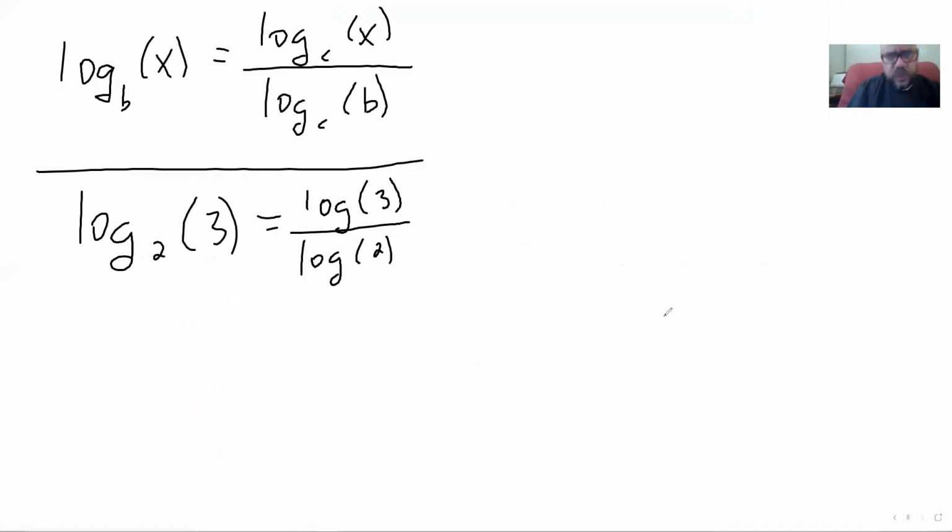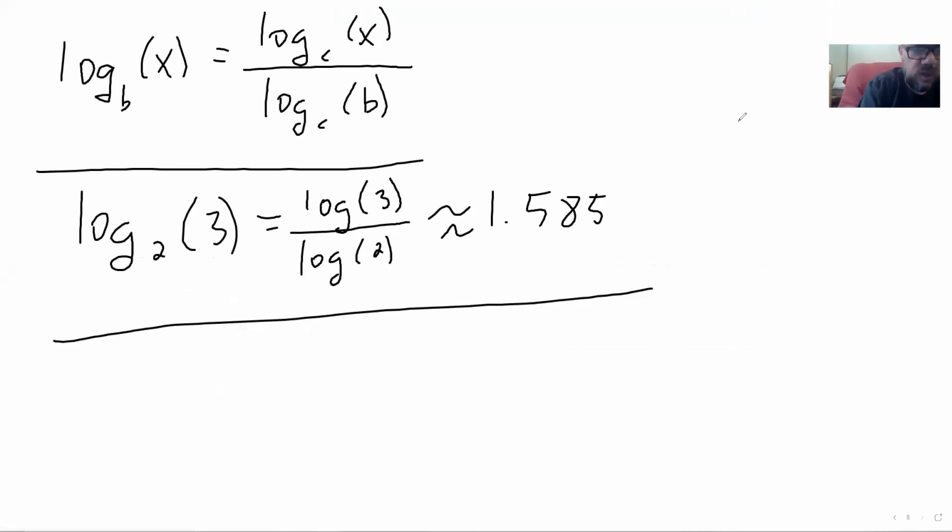What is it? About equal to 1.585. Now, let me make a point to you about where this comes from. This basically comes from doing the thing that I started with. So if I have log base 2 of 3, and I want to know what that number is, well, let's call that number x since I don't know what it is. Turn this into exponential form that says 2 to the x equals 3.